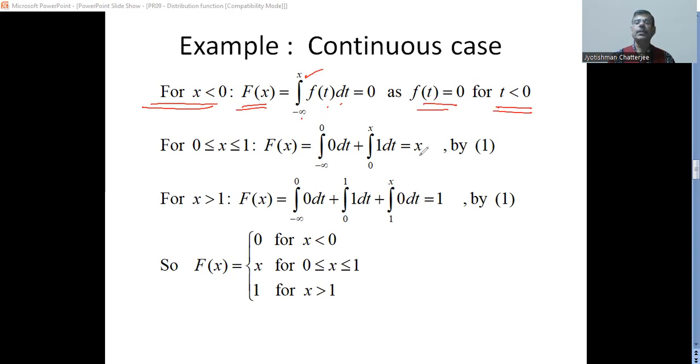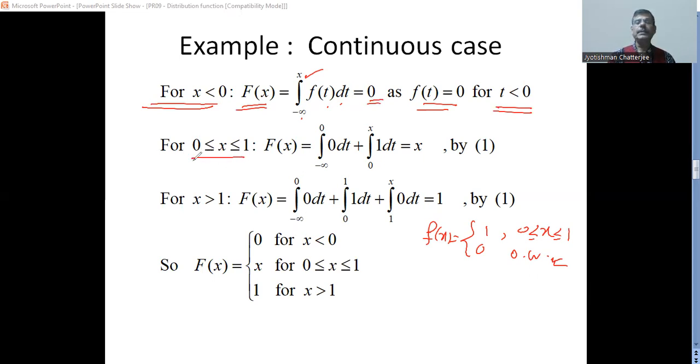That follows from the definition of small f, because small f is 1 for this, 0 otherwise. And all these t are falling in this otherwise part. So we get the integration of 0, that gives you 0.